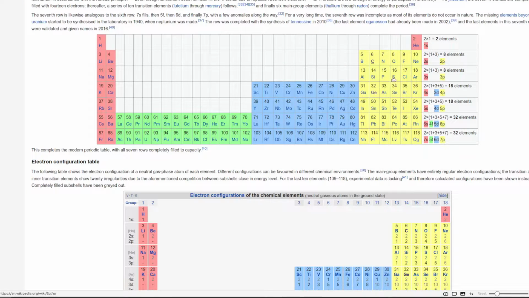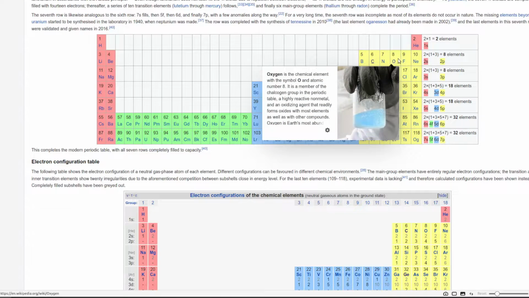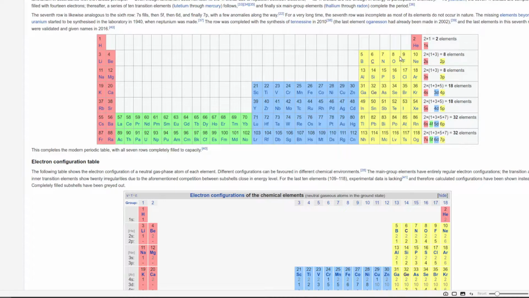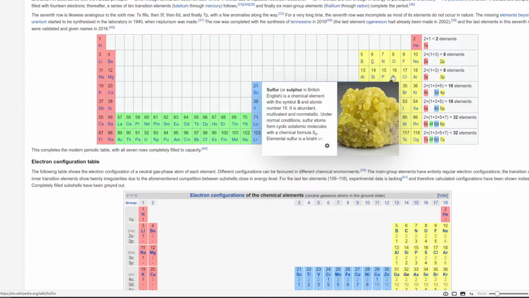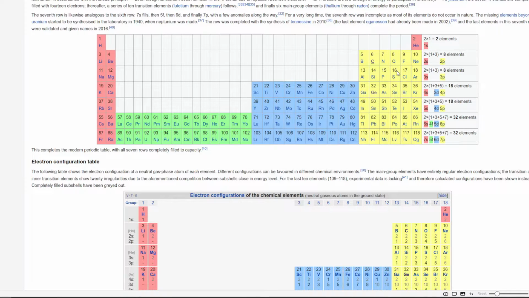Oxygen, sulfur. Now this is an interesting one. Oxygen is related to the fire element. You'd think it'd be related to the air element, but it's actually related to the fire element. Sulfur is also a crude physical form of fire. They relate sulfur a lot to fire because it is very volatile, very flammable. Within reason, it is very energetic.